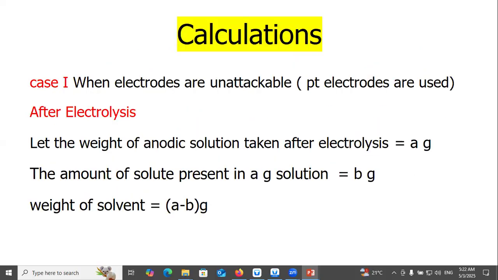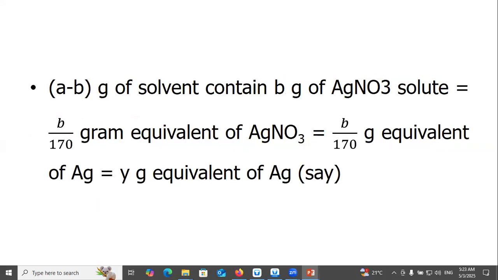Calculation, first when electrodes are unattackable. Platinum electrodes are used. After electrolysis, let the weight of anodic solution be A gram. The amount of solute present in A gram of solution is B gram. Weight of solvent is A minus B gram.